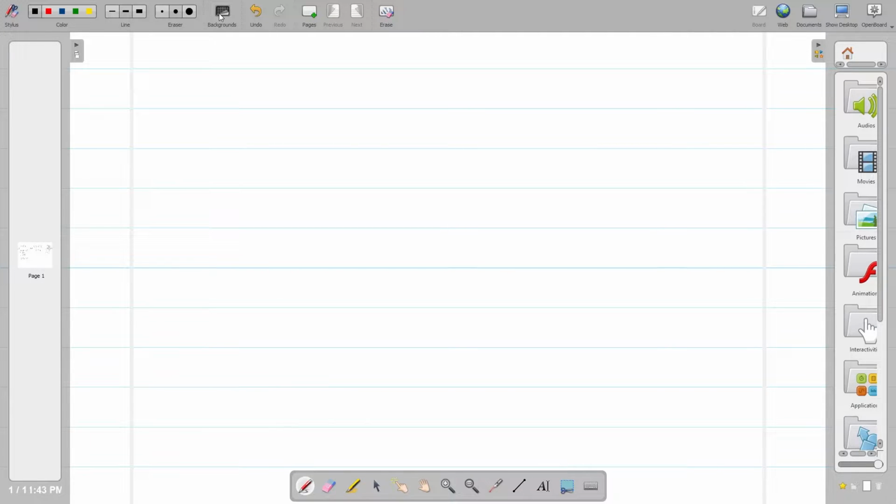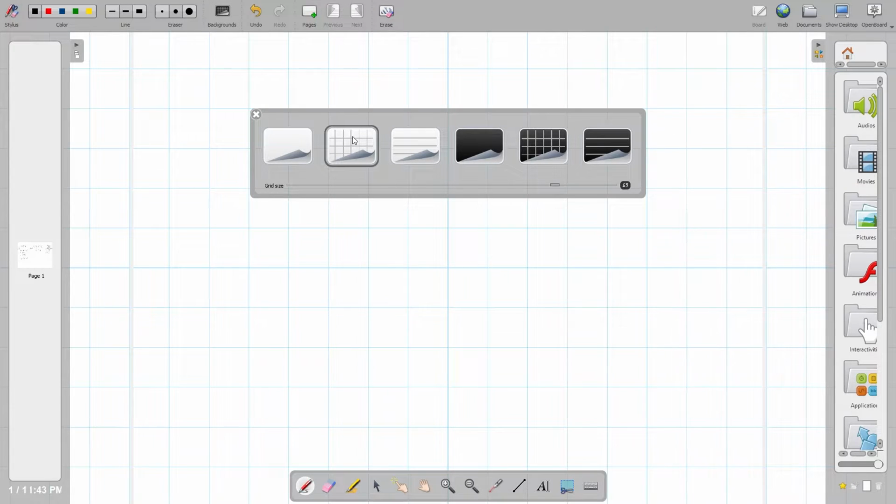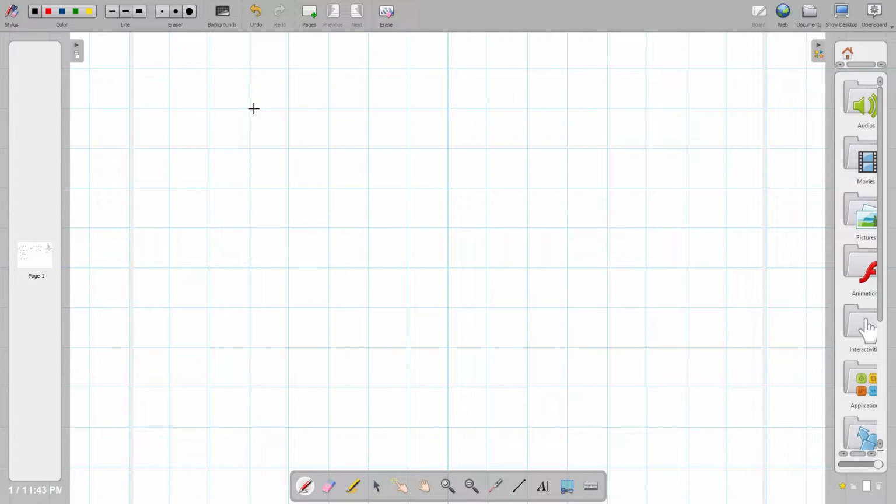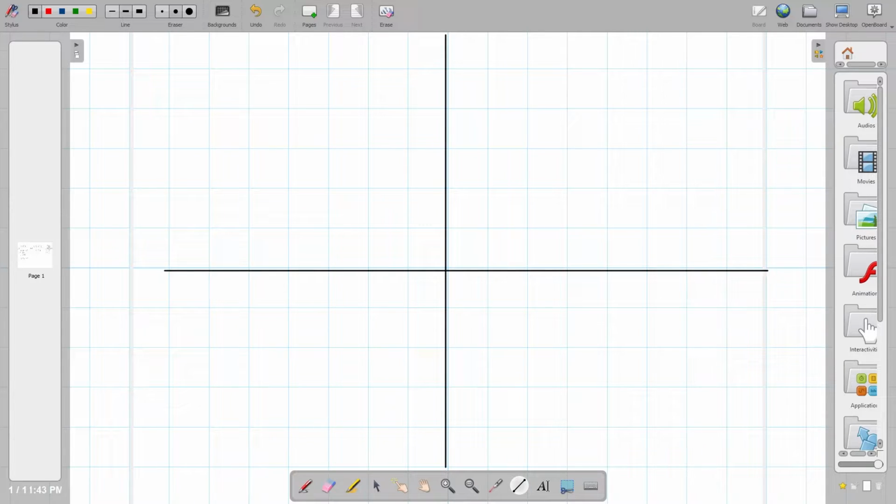So let me shift this to graph paper and draw some axes. Okay. So I'm going to have 1, 2, 3, 4, 5, 6, 7, 8. 1, 2, 3, 4, 5.